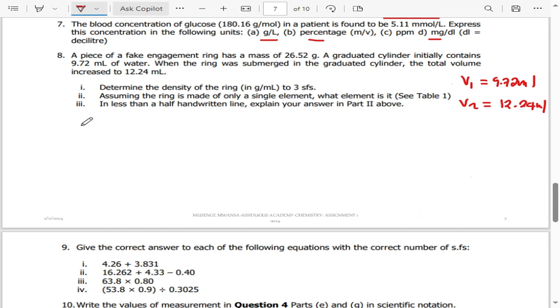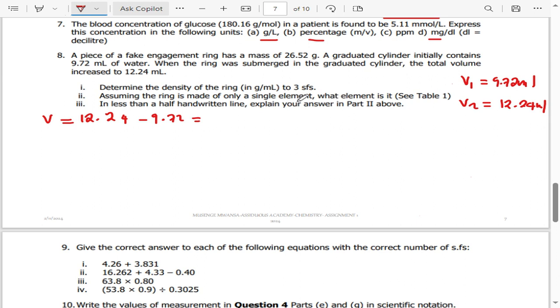The question is, determine the density of the ring in grams per milliliter, to 3 significant figures. So first thing first, we need to find the volume of the ring. The volume of the ring is going to be given by V2 minus V1: 12.24 minus 9.72.